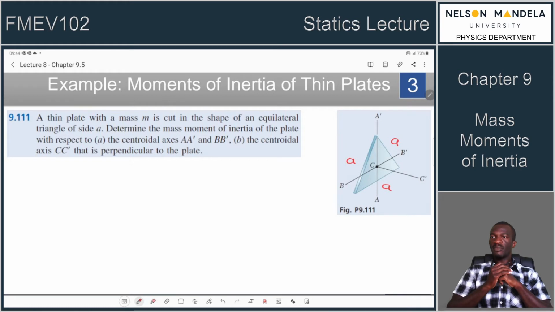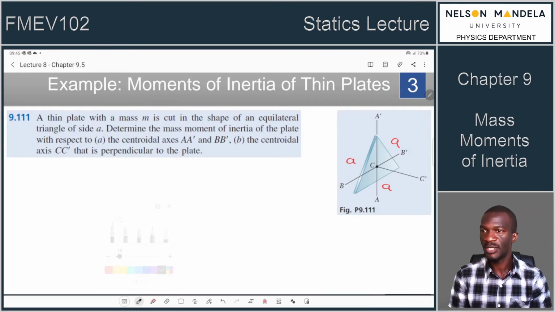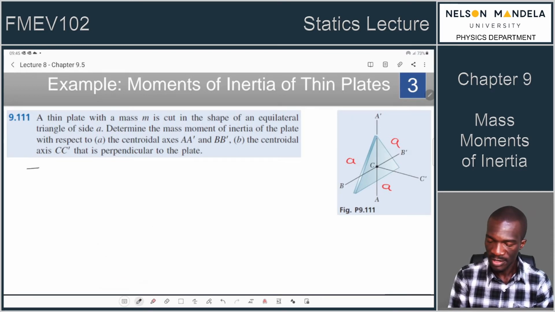Determine the mass moment of inertia of the plate with respect to the centroidal axes AA prime and BB prime, and then the centroidal axis CC prime that is perpendicular to the plate. Right, so we want to find the mass moments. So obviously, the I mass about the AA prime.